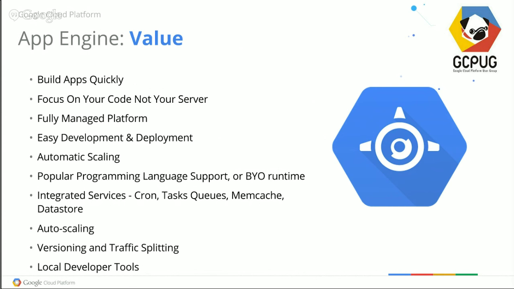So the idea is focus on your app, develop your app, and use some simple tools, whether at command line or at the IDE level, and just simply deploy your application. And then App Engine takes care of instantiating the right kind of instances at the back end and running the code for you and even scaling.